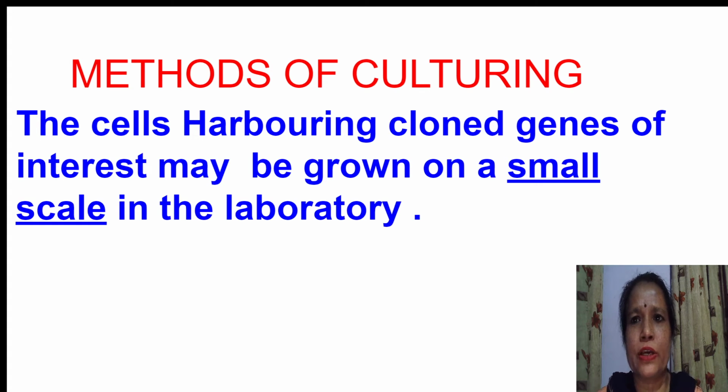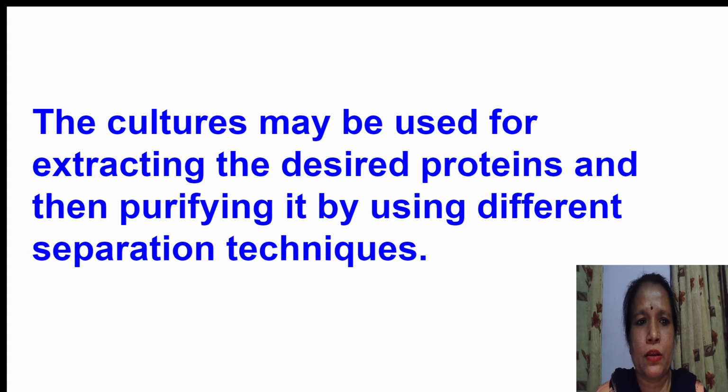So here we can obtain about 500 ml to 1 liter of the product. Then the cultures may be isolated, then extracted, and the desired proteins are purified using different separation techniques.